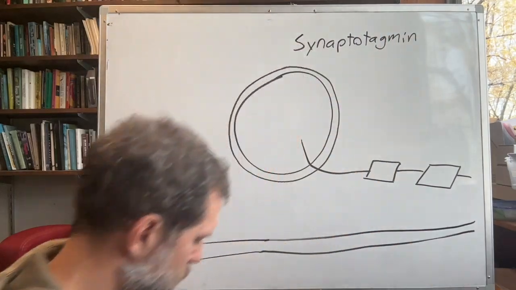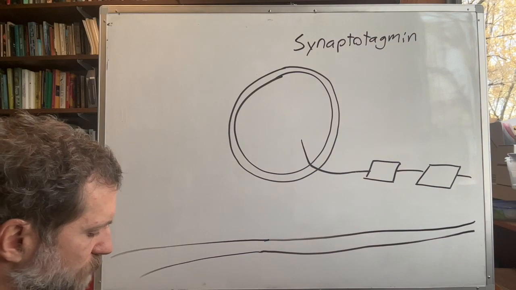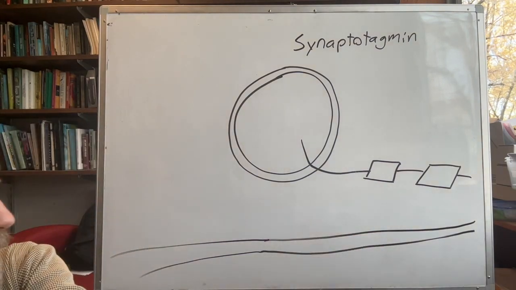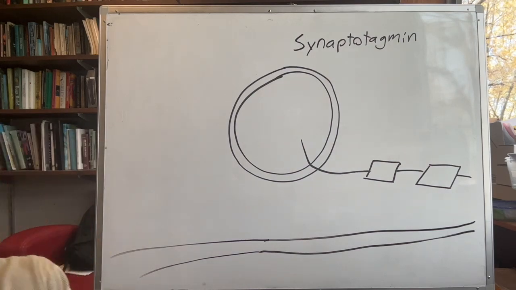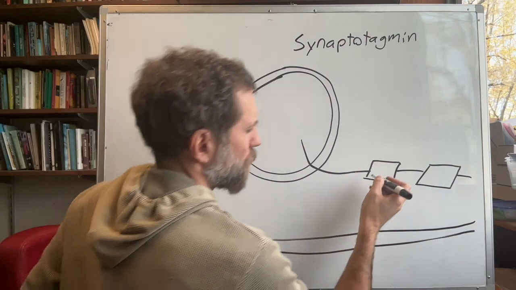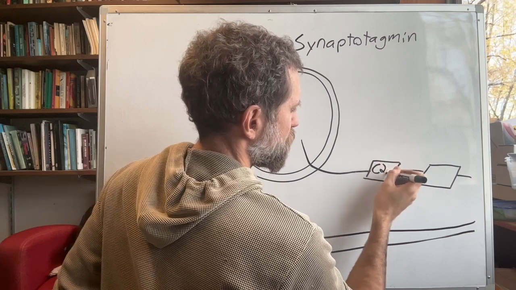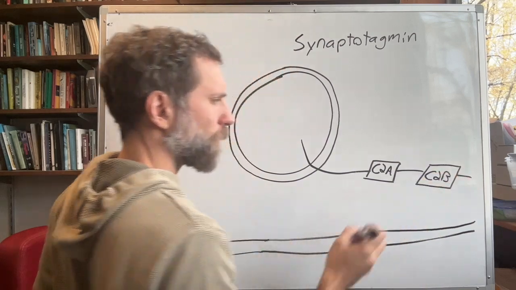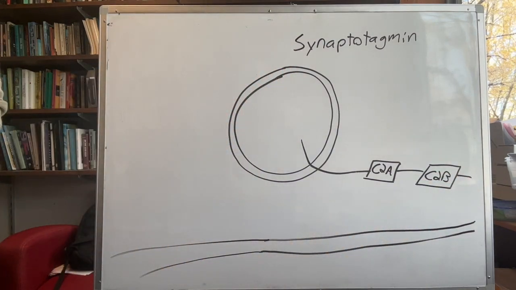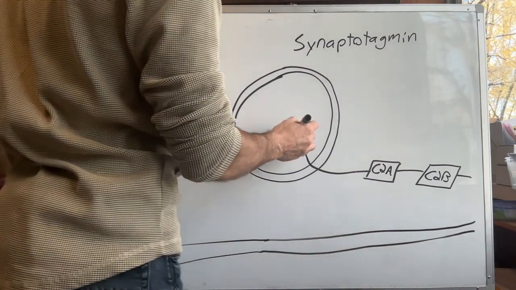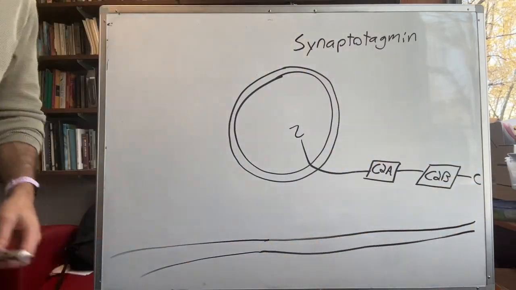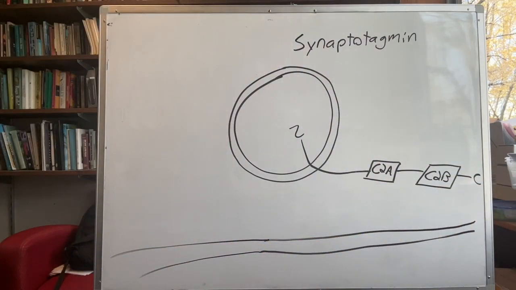Right, so there's these two structures here that are the most important to consider for this process. And it is, or they are called the C2A and C2B domains of the protein. And our N-terminus inside the vesicle, and our C is in the intracellular space in the cytoplasm.